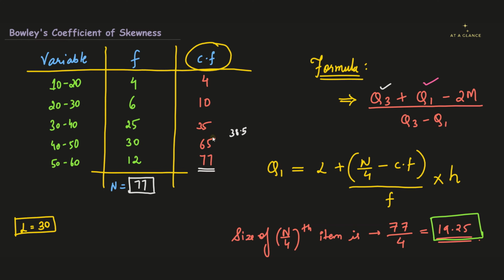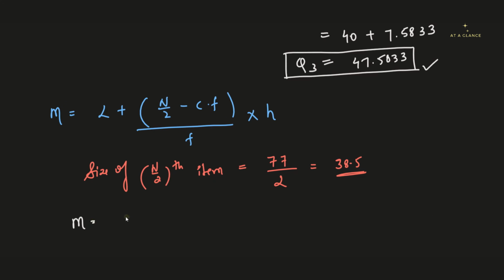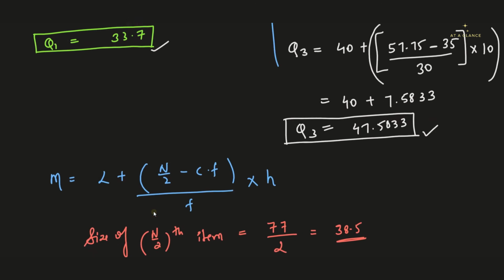So we have to take the next value, that is the higher one to 38.5, which is nothing but 65. So corresponding to this particular 65 cumulative frequency, we'll have to highlight this particular interval. So our chosen interval is 40 to 50 again. So in place of L comes 40 because 40 is the least value in this particular interval.